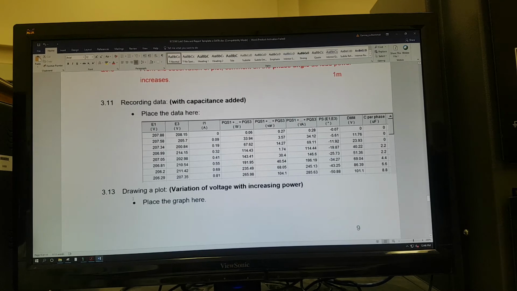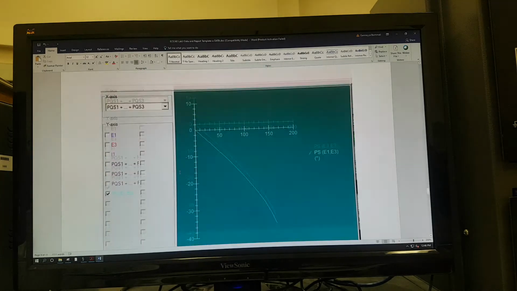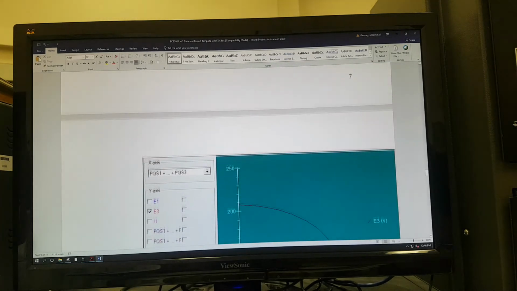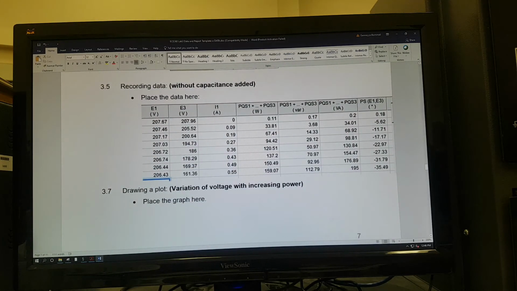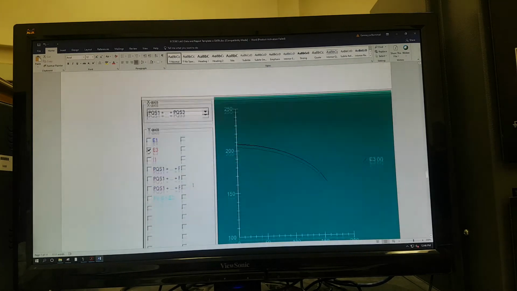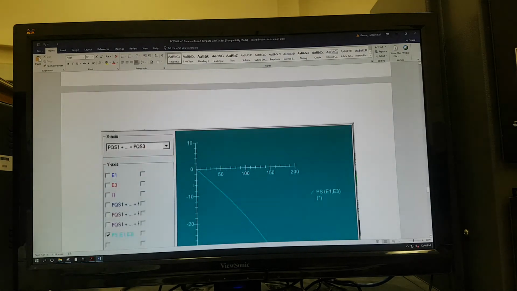So this is the data I collected. We applied around 208 volts here, and you can see the voltage profile improved. Before, without any capacitance added, it was just changing from 207 to 161 volts.